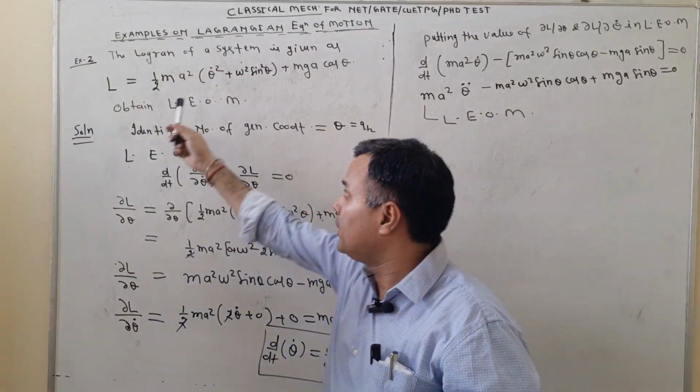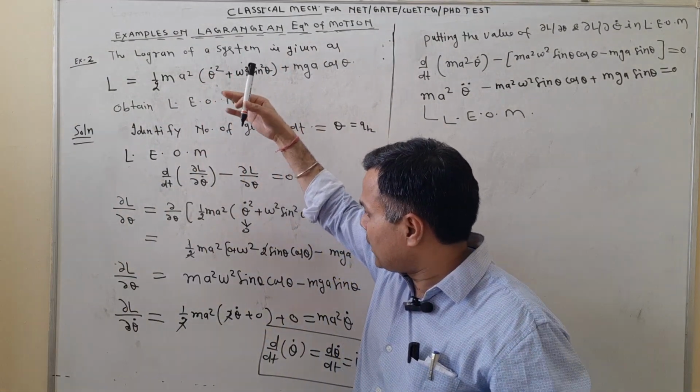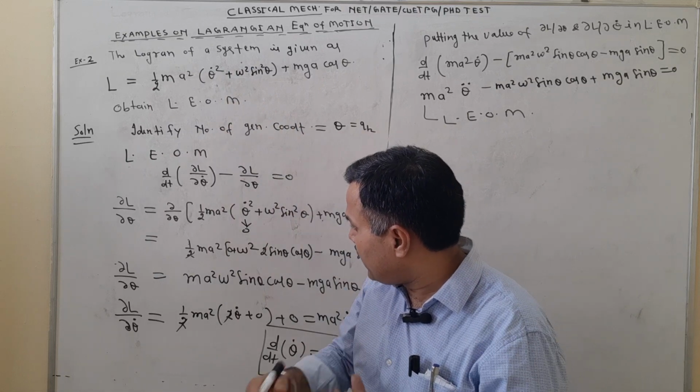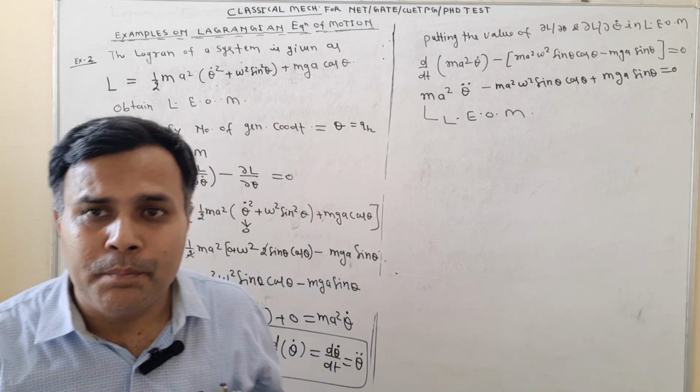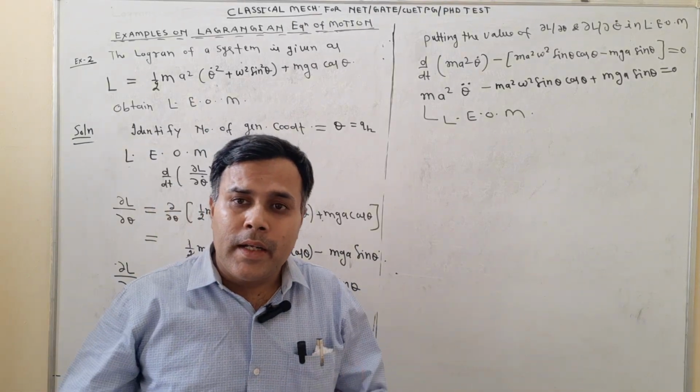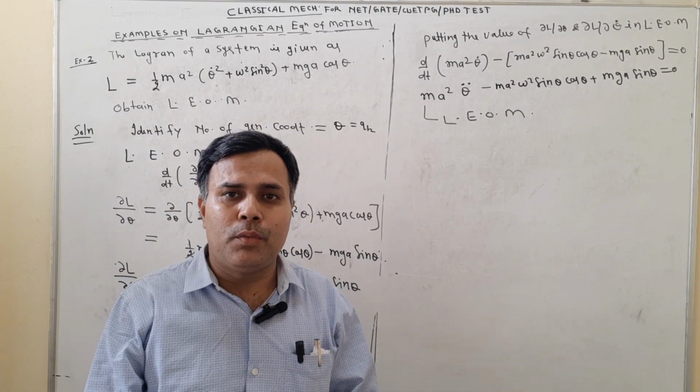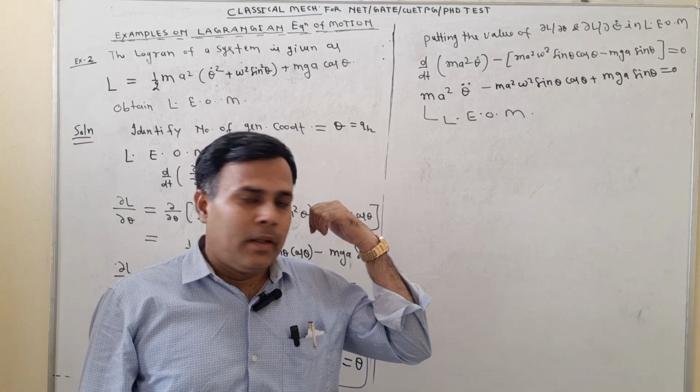So I think I have explained 2 to 3 examples to understand the concept of the Lagrangian equation of motion for a given Lagrangian.